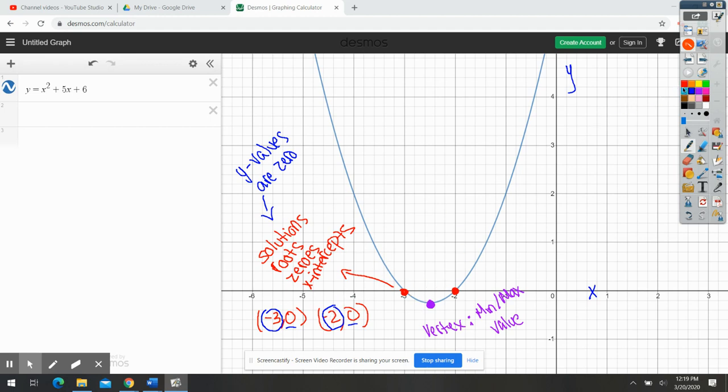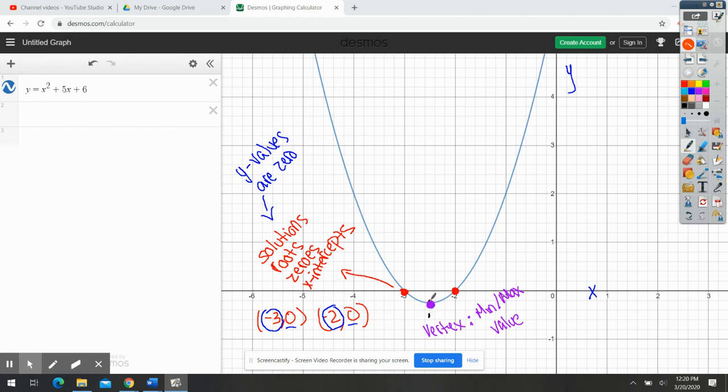So -2 and -3 are the solutions of this parabola. All right, and the last thing here is the line of symmetry. The line of symmetry is the vertical line that breaks the parabola in half evenly. Here, the line of symmetry goes right through that vertex point.